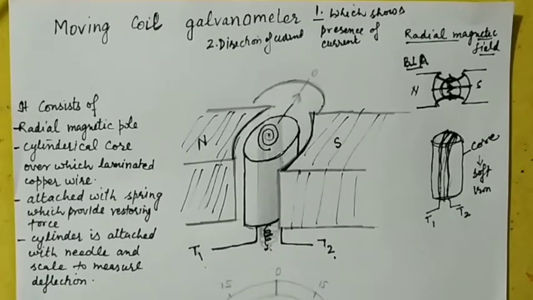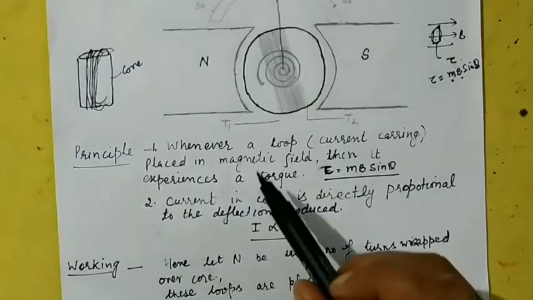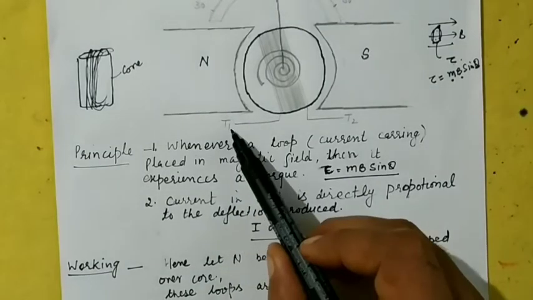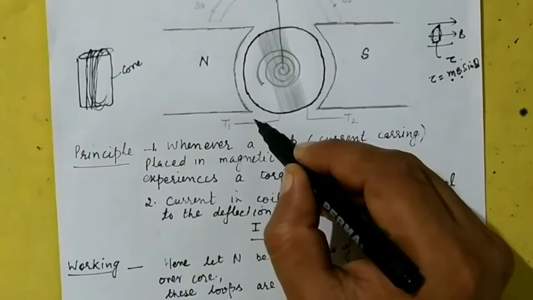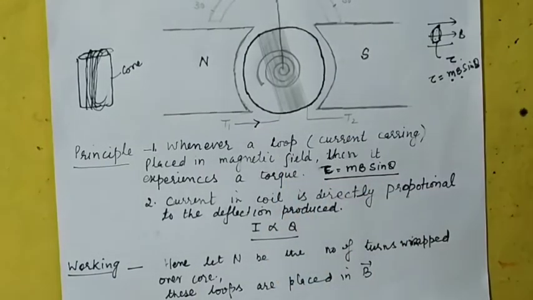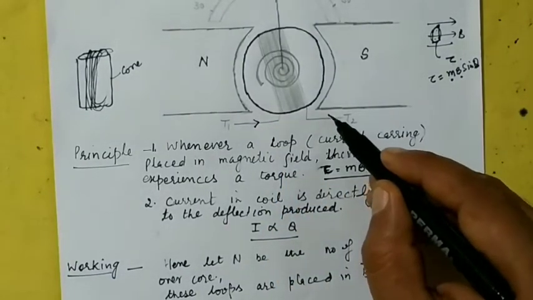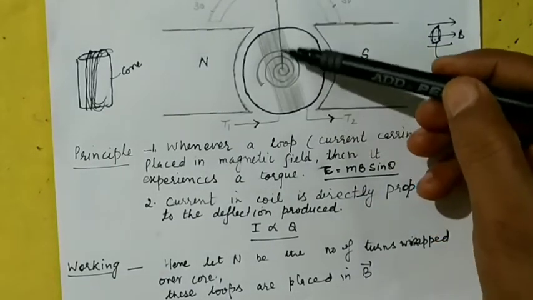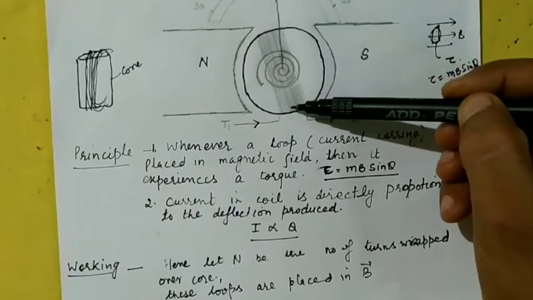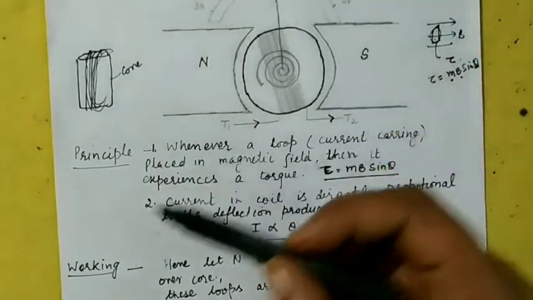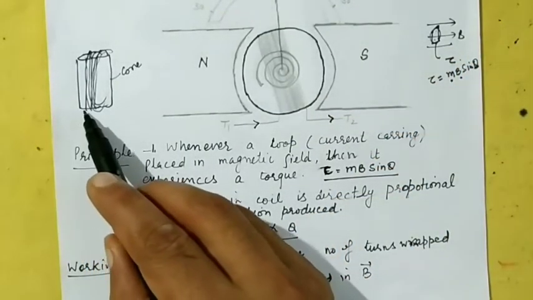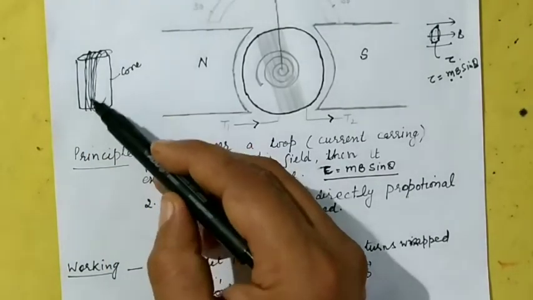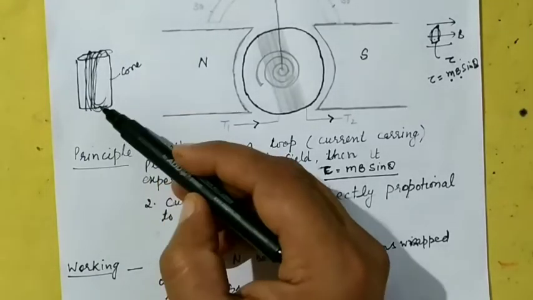Now let us discuss the working. Suppose this galvanometer is connected to some electrical device, and the current is flowing through the galvanometer through the terminals T1 and T2. When this current is passed through this loop, we know that this is your coil, this is your cylindrical core over which we wrap a large number of laminated copper wire.